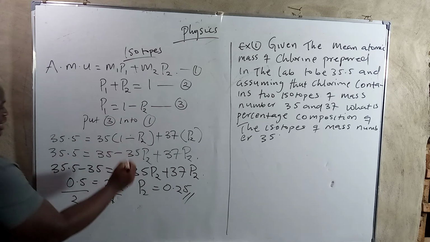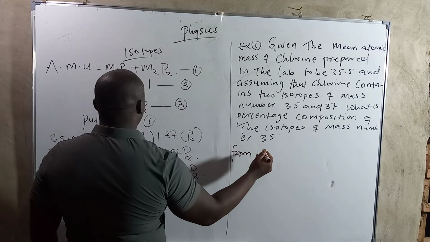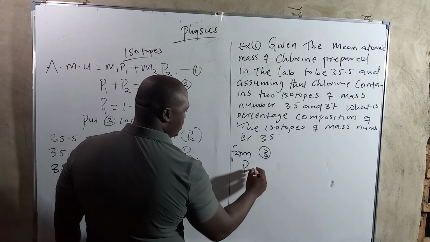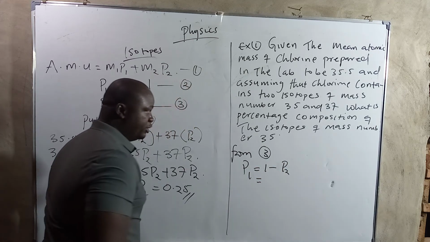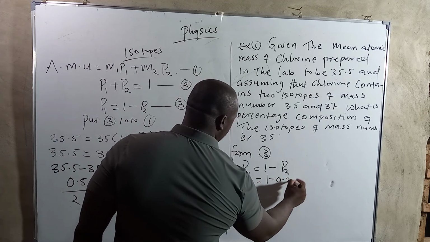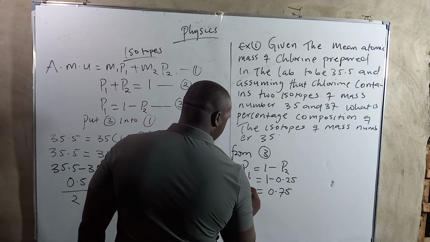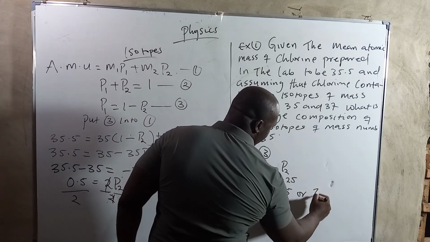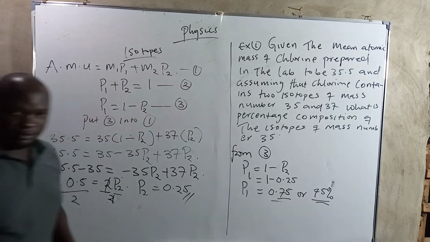So all you need to do now, remembering from equation 3 that P1 is equal to 1 minus P2, is take 1 minus 0.25, which gives you 0.75. So your P1 is 0.75 or 75%. They are all the same answer.